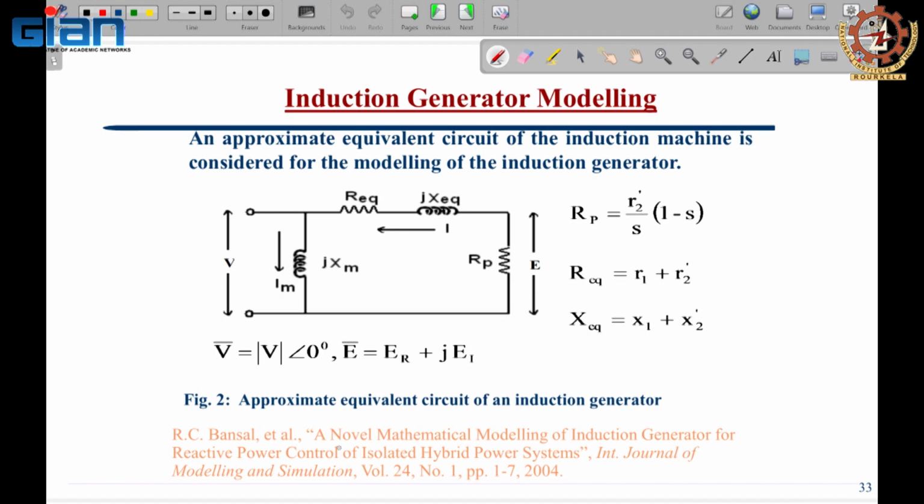Then we published a paper on this mathematical modeling of the induction generator for reactive power control. We will provide the slides, but if you need any of the research papers I am discussing, you can ask me, and I will be happy to share them.